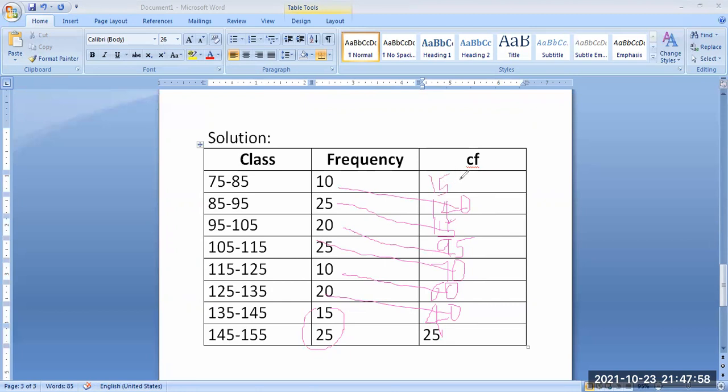Is it correct? Compare it with what is given in the problem. Are the numbers tallied? Yes, sir. Correct. So there is no problem.